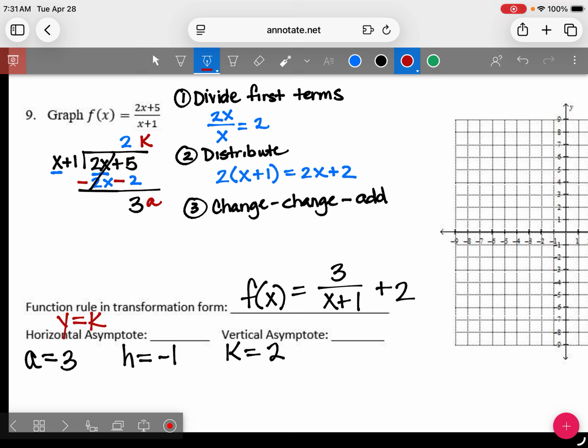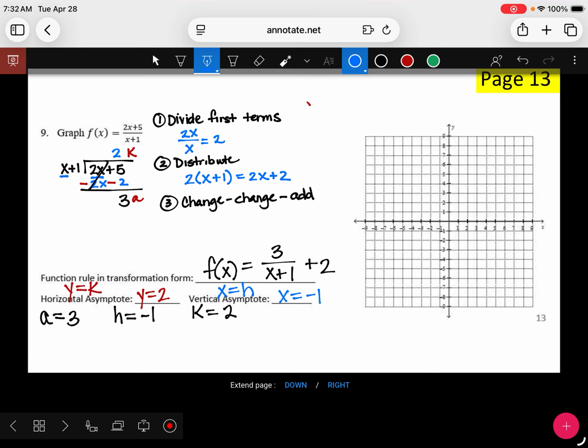So you're going to write y equals 2. And my vertical asymptote is x equals h. X equals -1. Pick up your pencils. Let's draw it in. Draw in my vertical asymptote, -1. My horizontal asymptote, +2.